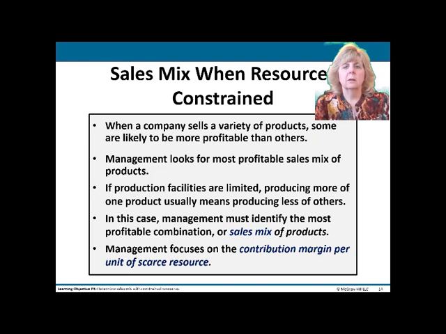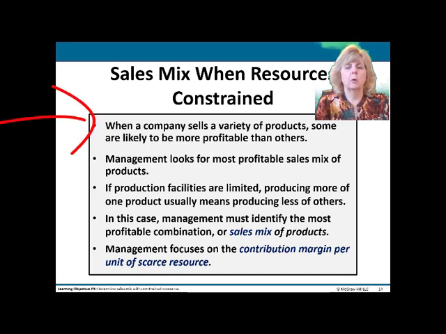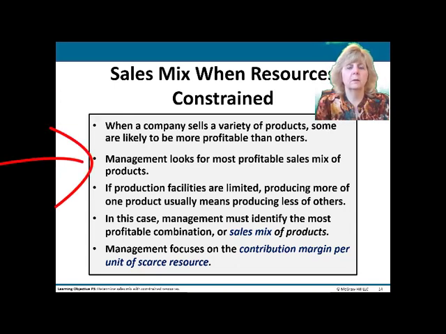Before we hit the Excel exercises, I did like this slide in the PowerPoint presentation. It just summarizes what we looked over in the handout. It says when a company sells a variety of products, some are likely to be more profitable than others. So our goal for management is to look for the most profitable sales mix of products.